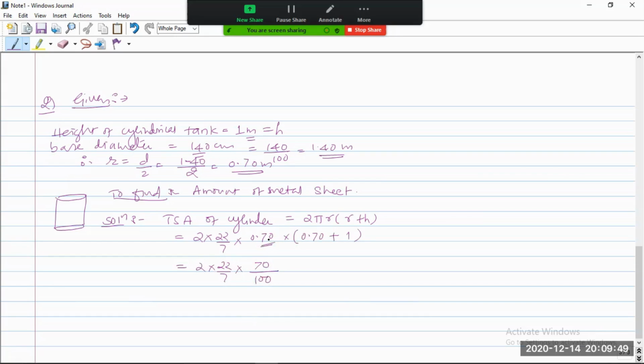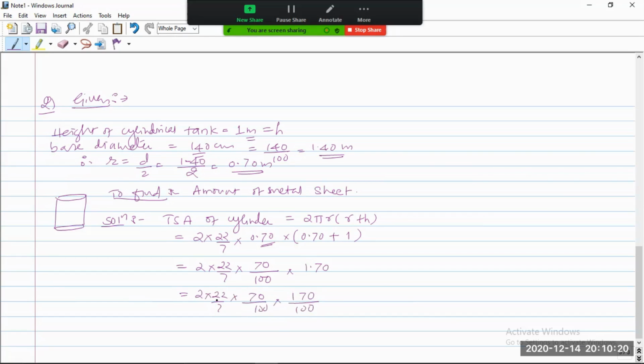Since it is 0.70, we divide by 100 so that the 2 digits are removed. So 0.70 becomes 70 upon 100, and 0.70 plus 1 is 1.70, which is 170 divided by 100.